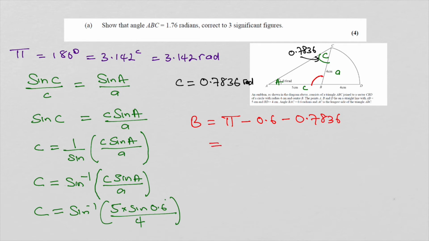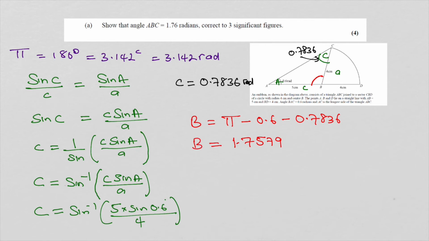If we plug that into the calculator, you could do Shift times 10 to the power x to give you pi, or you can just type in 3.142 minus 0.6 minus 0.7836, and you will get 1.7579.